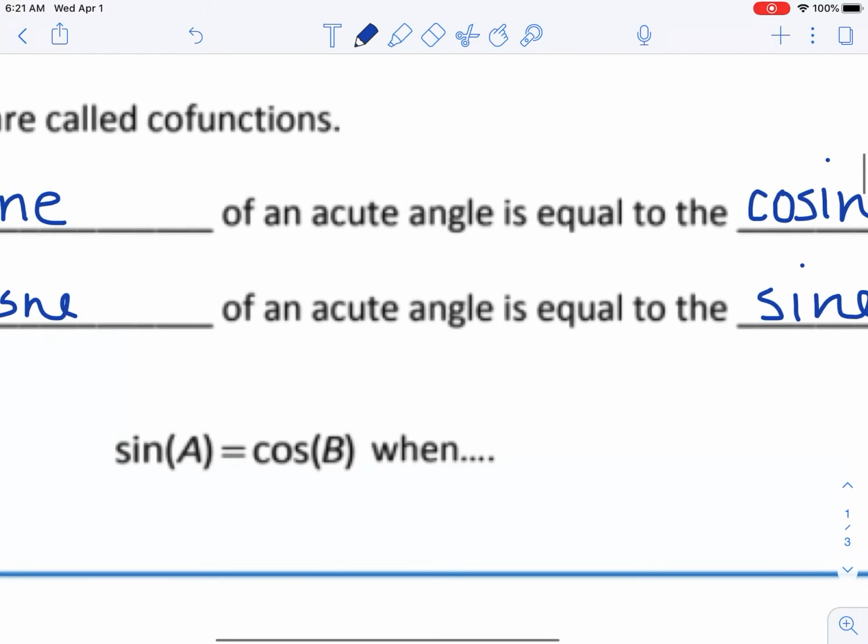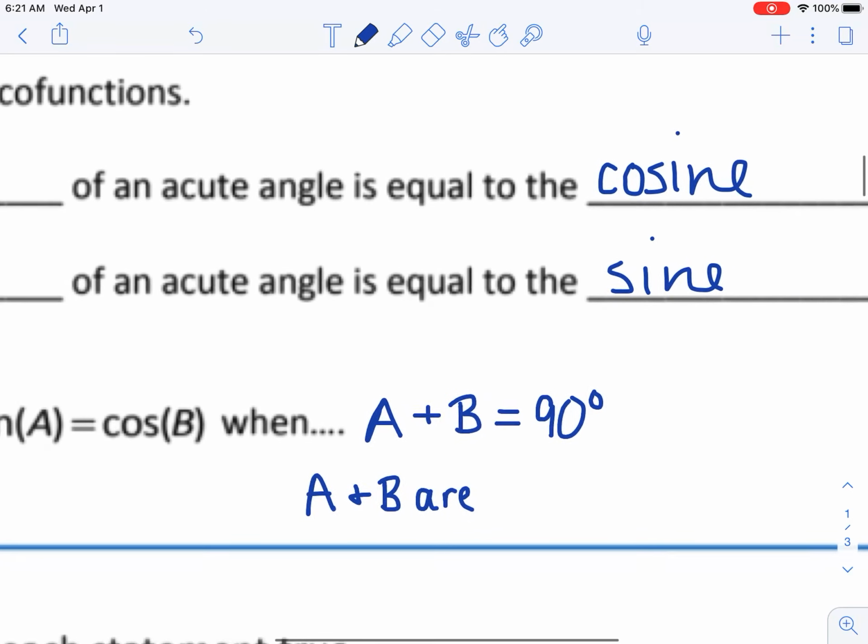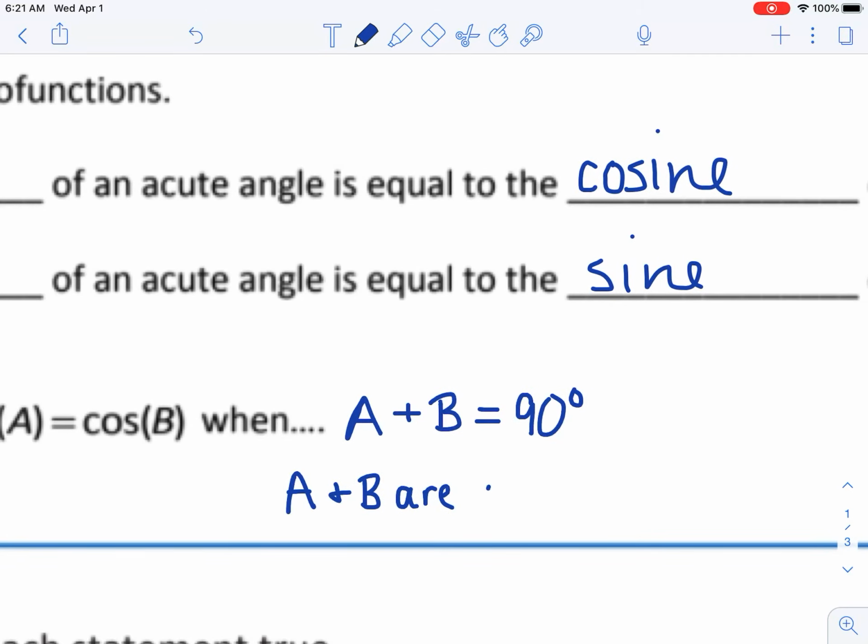So the main thing is the sine of an angle equals the cosine of an angle only when the angles are, what am I looking for? Complementary. When A and B are complements of each other.